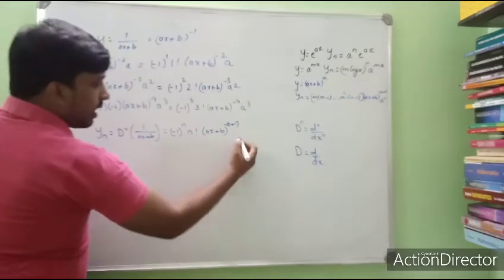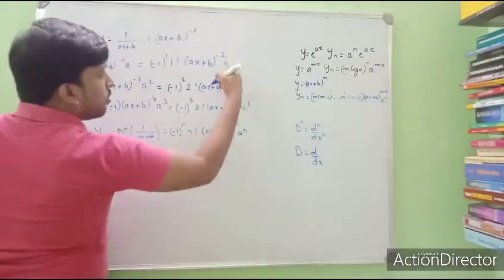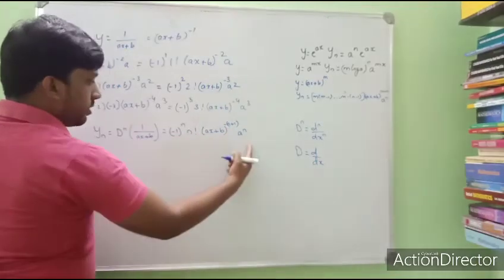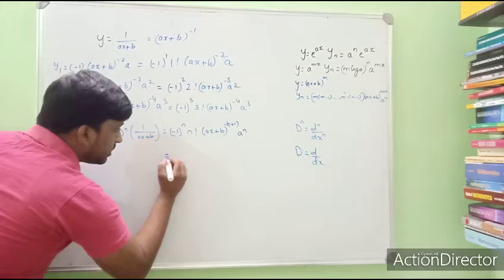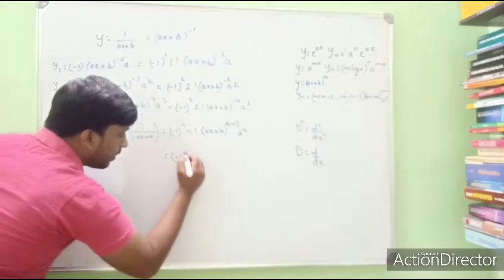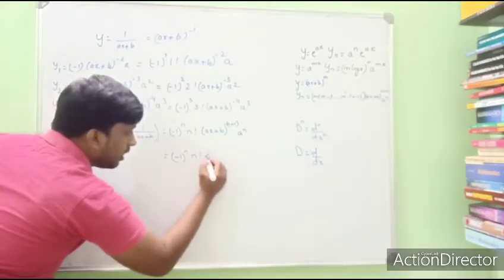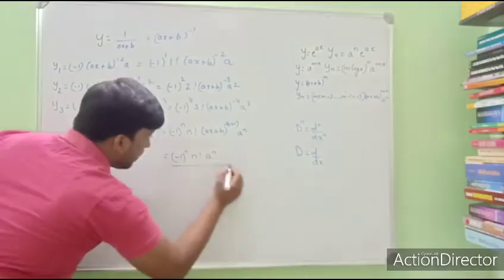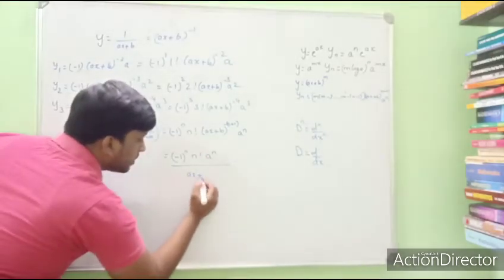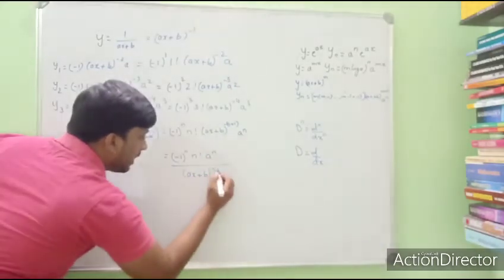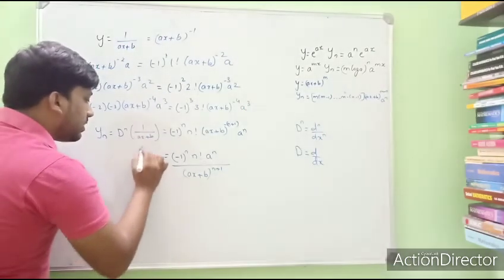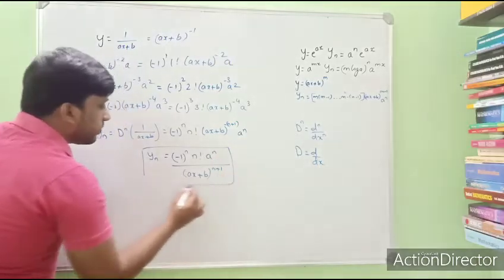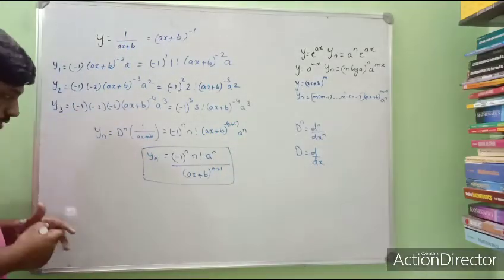We can write this, and also a to the power of n, because the power of a is also increasing 1, 2, 3. Now I have written the general form. Writing this in the simplest form, we can write minus 1 to the power of n into n factorial into a to the power of n by (ax plus b) to the power of n plus 1. So this is yn, that is the nth derivative of the function of the form 1 by (ax plus b).